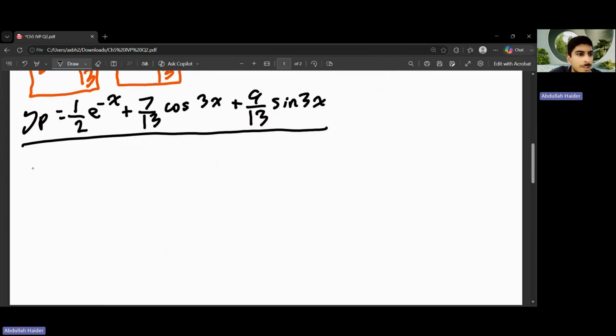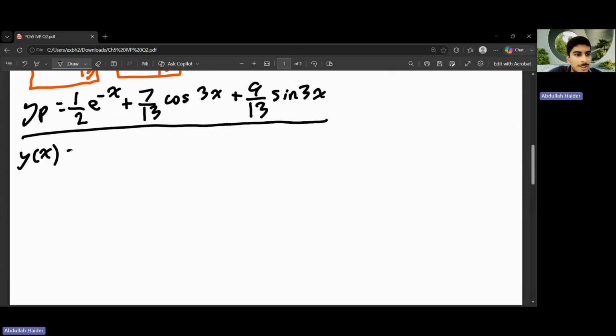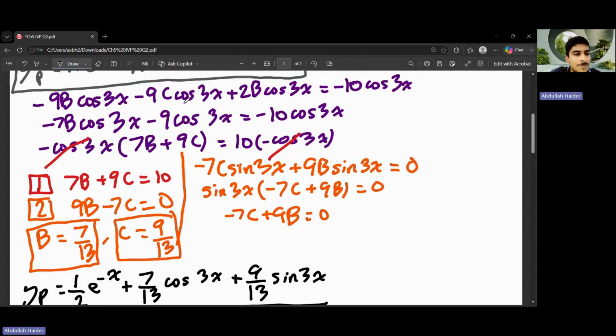Now if you want to write your whole y of x, it is the homogeneous solution plus YP.